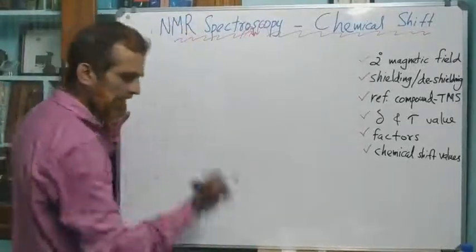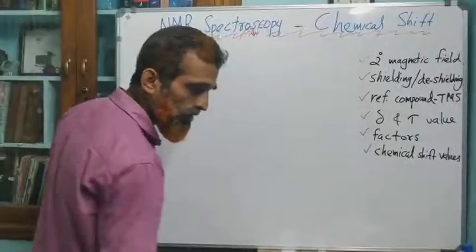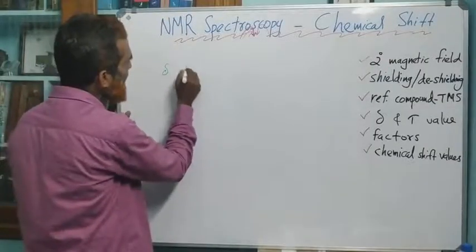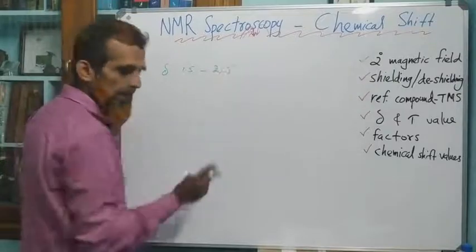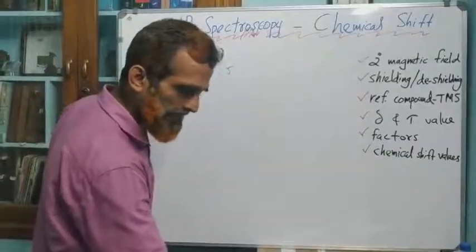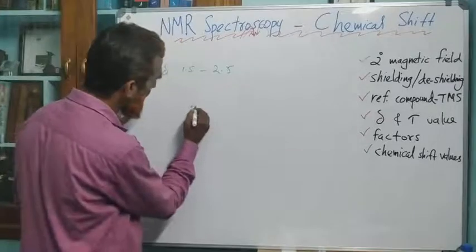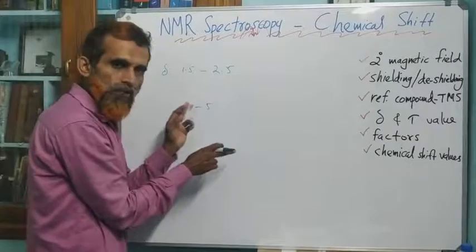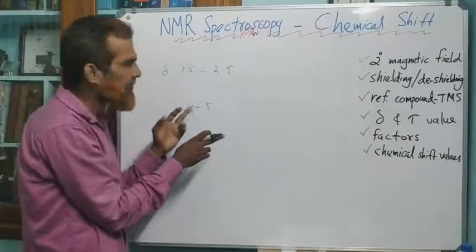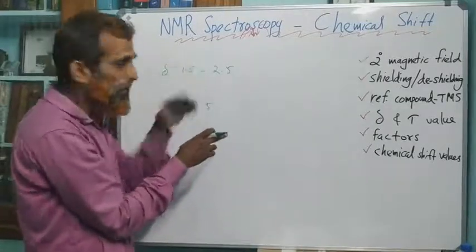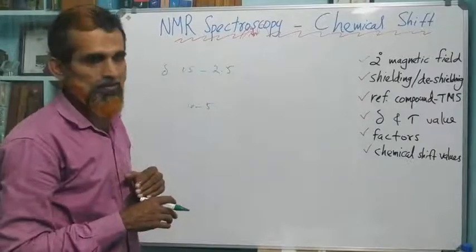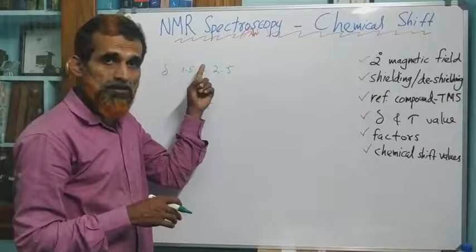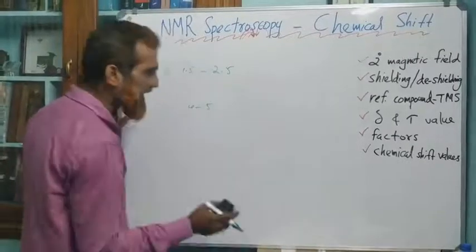See, in the case of acetylene, the delta value is found to be around 1.5 to 2.5, whereas in the case of alkene, as I said, it is something around 4 to 5 actually, 4 to 5. So this is actually a lower value compared to the alkene. Acetylene is lower because of the shielding. Even though there is one more pi bond in acetylene, it is producing a kind of shielding and the frequency is lower.